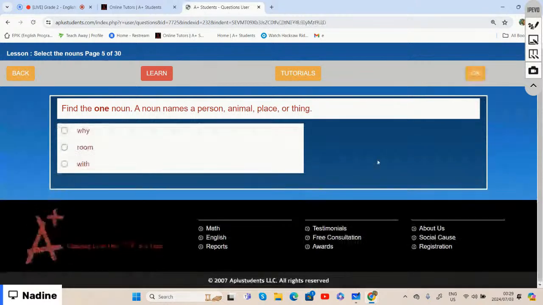Then we need to find another word, right? One word that is a noun. Is it why, room, or with?